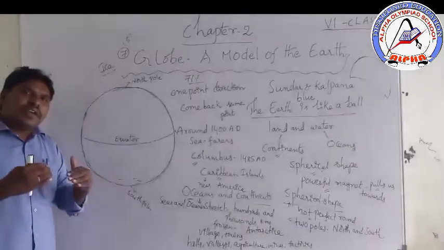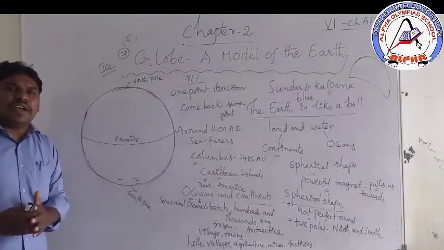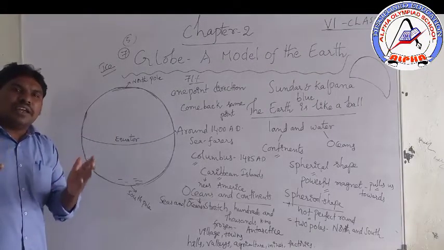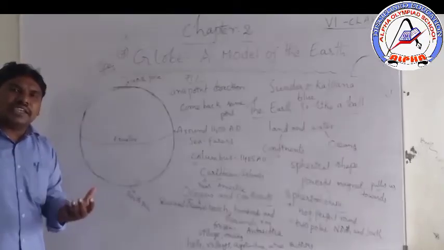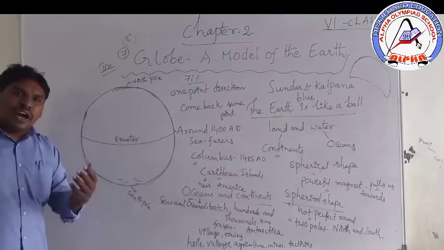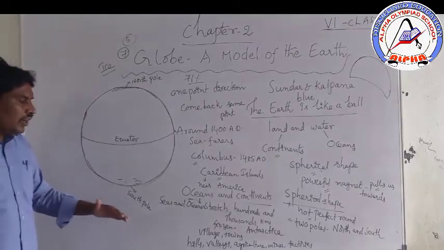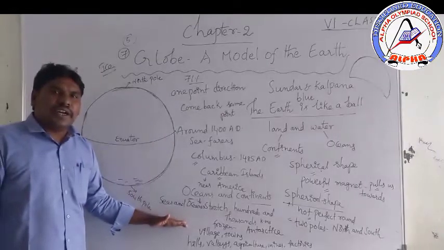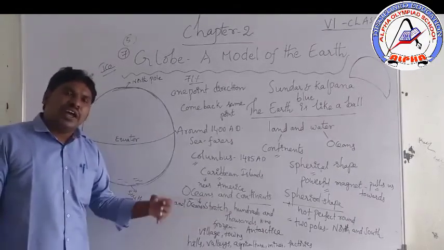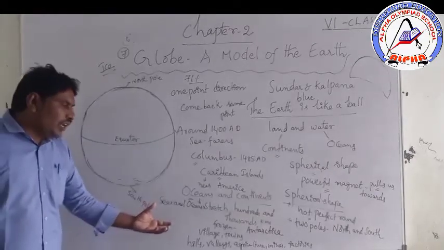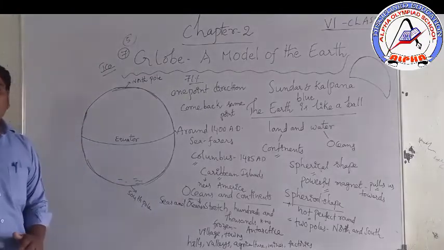Next, when we observe the land, we divide it into 7 continents. The continents have many countries, a country has states, states have districts, districts have towns, up to village level. We can live in these continents, in a village or in a town.